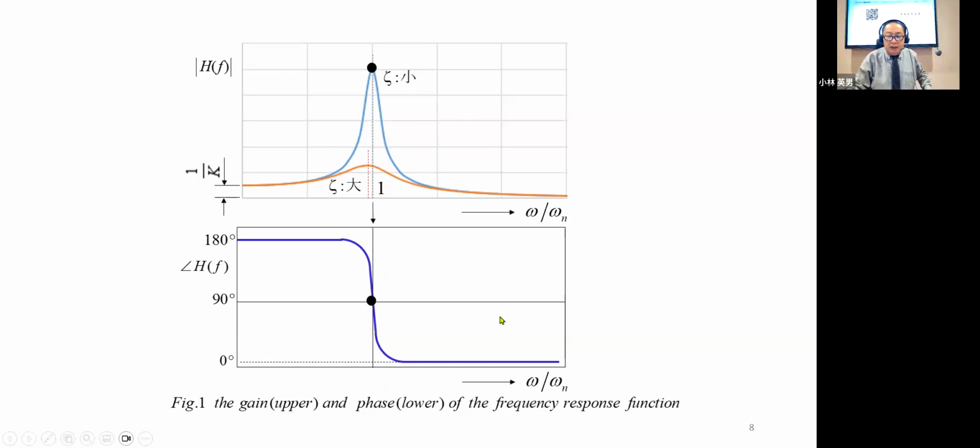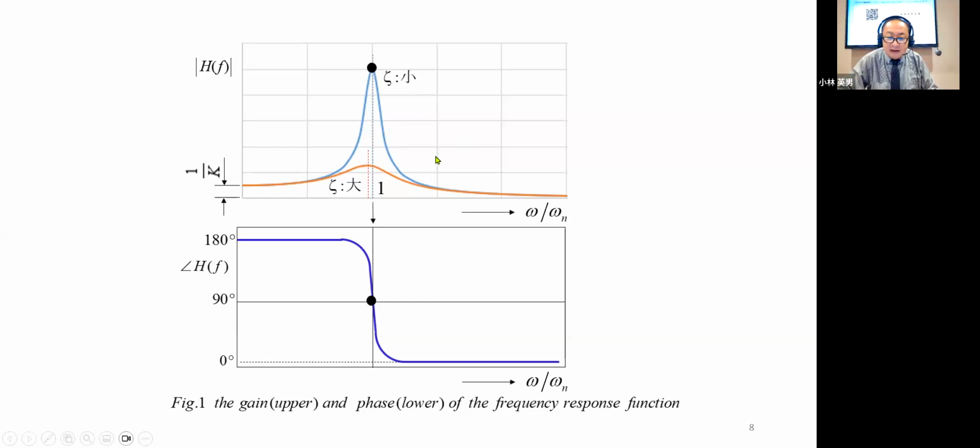Usually, we have plural natural frequencies, not one, not single. Well, this theory is only for SDOF, single degree of freedom, but we can apply this theory to MDOF.